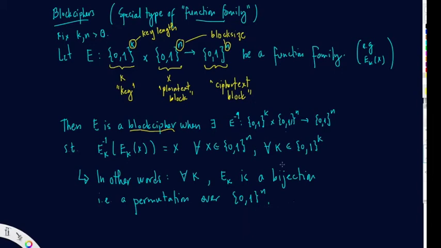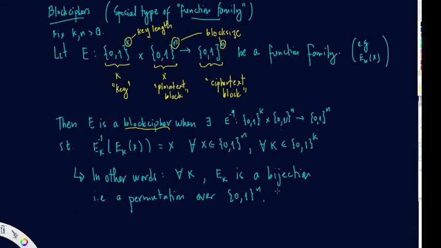Now, I went through this long road of writing that it's a bijection, i.e. permutation, because when I say permutation to computer scientists, they immediately think, oh, you mean I have a list of numbers and I just reorder them. Yes, that's a special kind of permutation. A permutation just means that, in the mathematical sense, you have a one-to-one and onto mapping over some set.